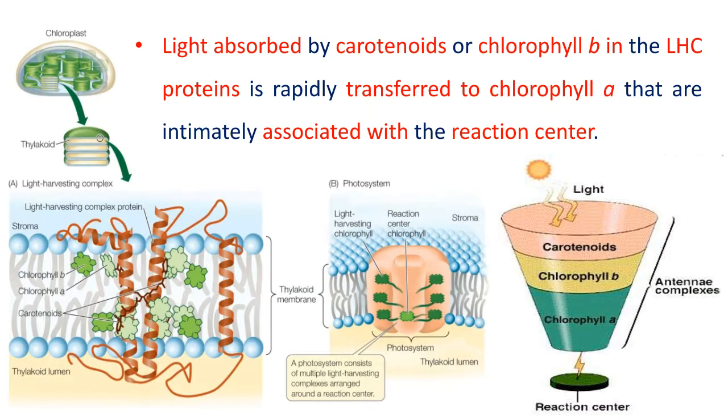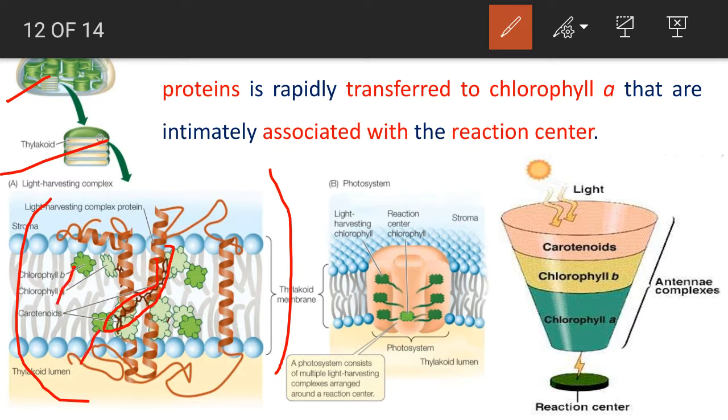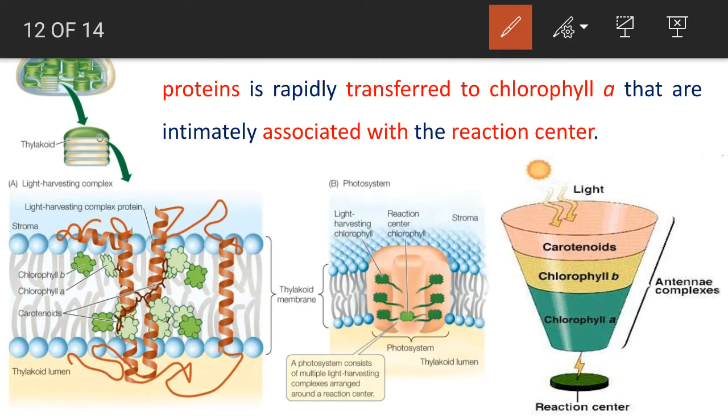Again, see here, this is the chloroplast and thylakoid, and this is the representation of the thylakoid membrane. See here, this is the carotenoid, and these dark green ones are chlorophyll B. These carotenoids and chlorophyll B trap the sunlight energy and pass it to the chlorophyll A molecule, which is shown by the faint green color.